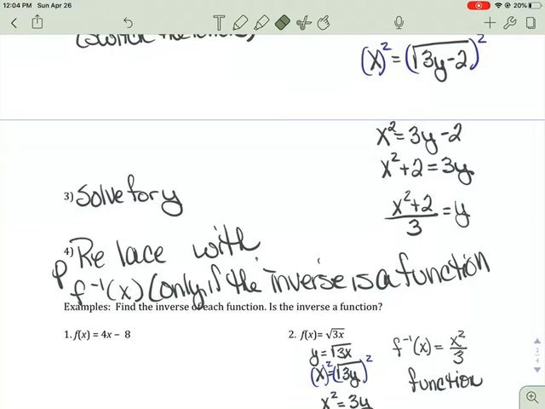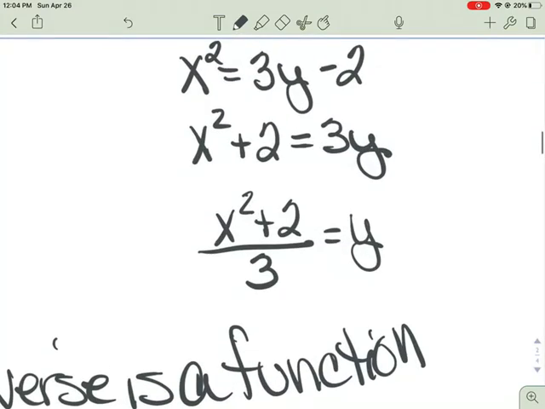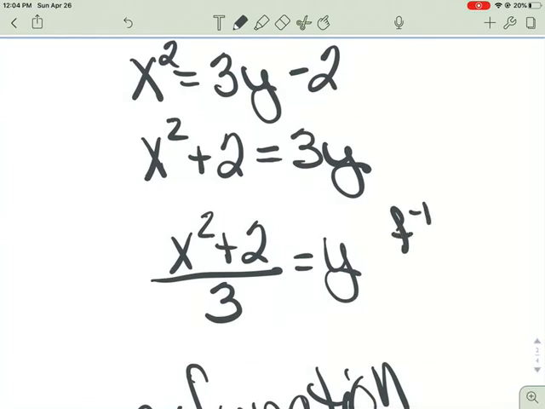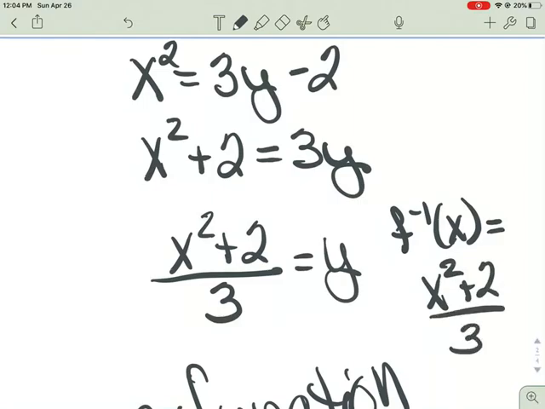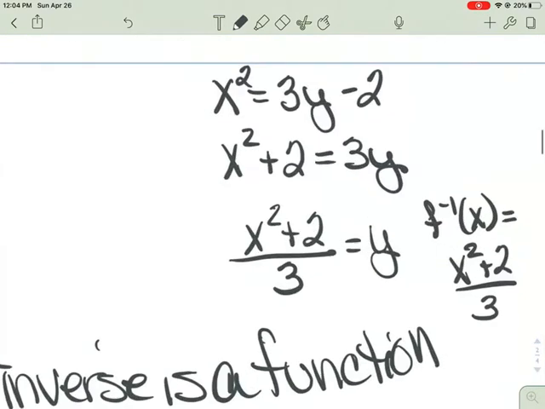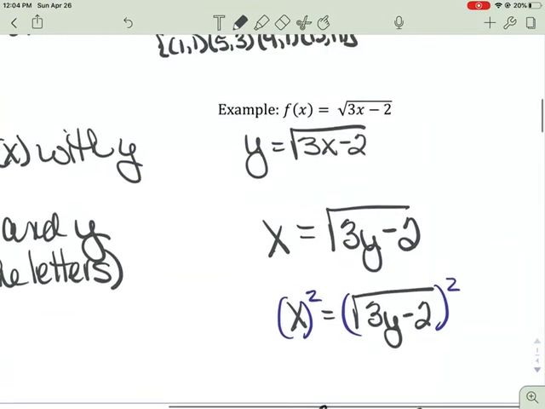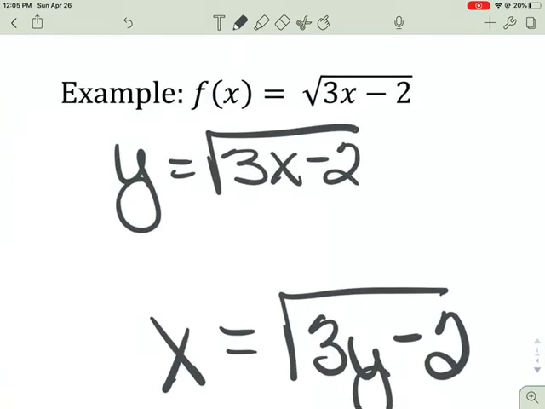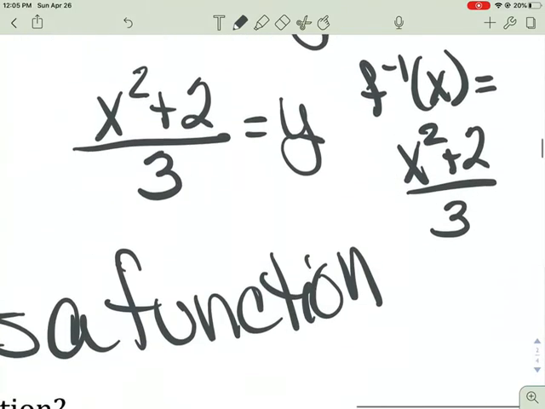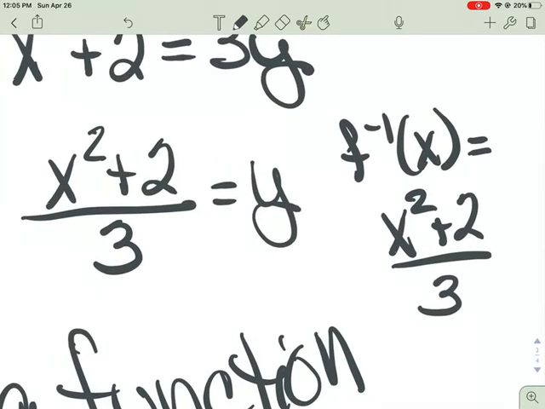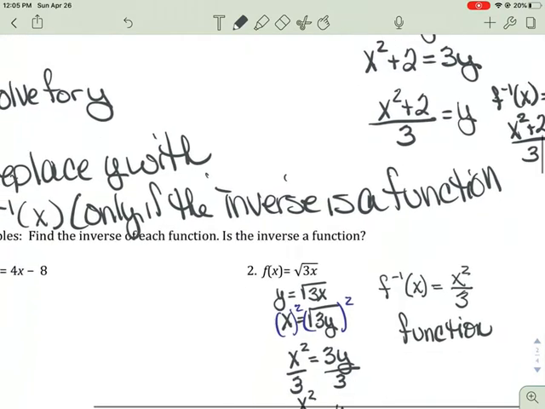In this particular problem, it's a quadratic, and quadratics are always functions. Remember, we talked about that earlier. So yes, this is a function. So f inverse of x is equal to x squared plus 2 all over 3. Now, if I didn't know that, I could graph it on Desmos and see if it passes the horizontal line test, or I can graph the inverse and see if it is a function.